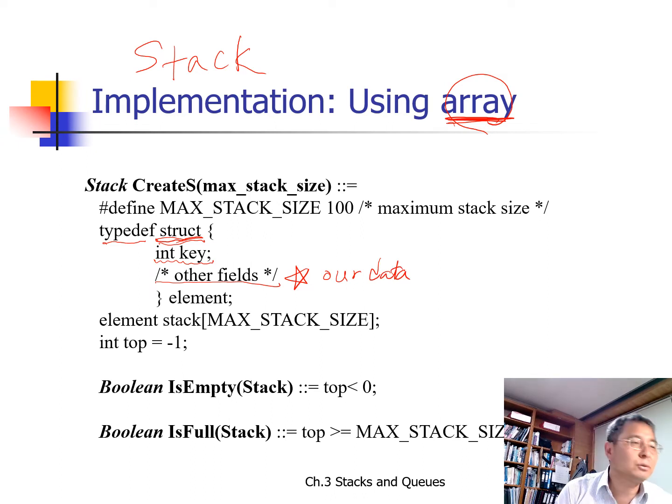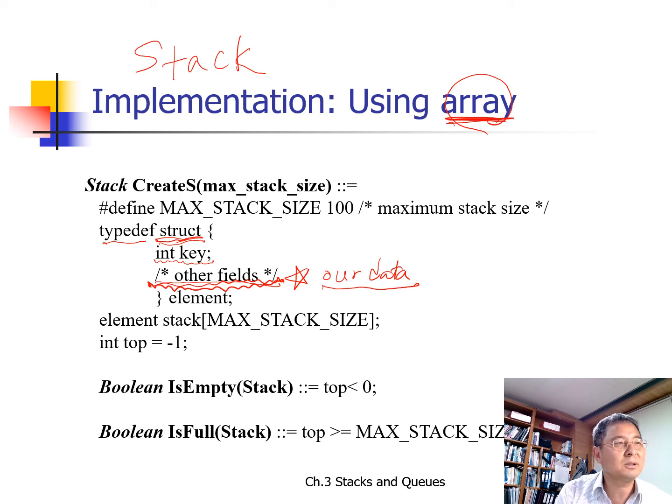Okay, this other field is our data. I want to store my data in stack implemented using array. Then my data must be defined in this field, even though it is commented, but actually it has our data stored at this location.